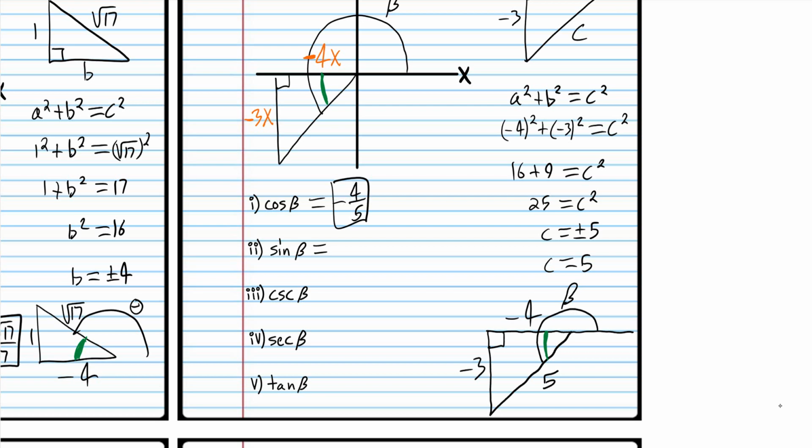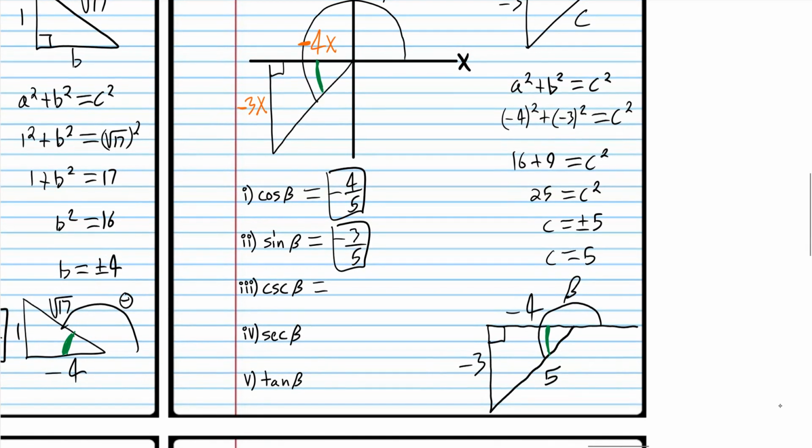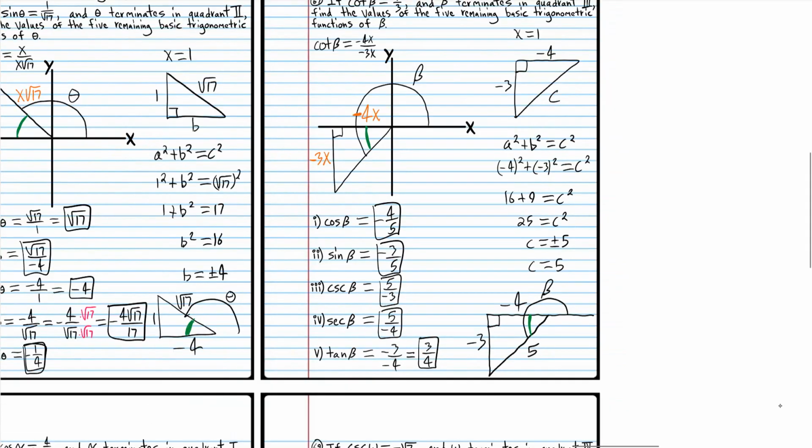Sine beta is the side opposite divided by the hypotenuse, and so on and so forth. Cosecant is the hypotenuse divided by the side opposite. Secant is the hypotenuse divided by the side adjacent. And tangent beta is the side opposite the green reference angle divided by the side adjacent. So that simplifies to 3/4.